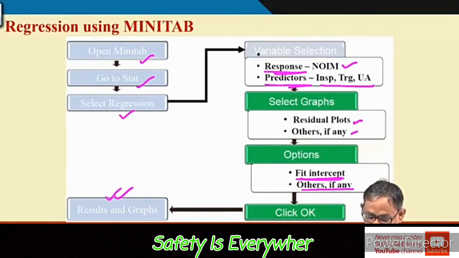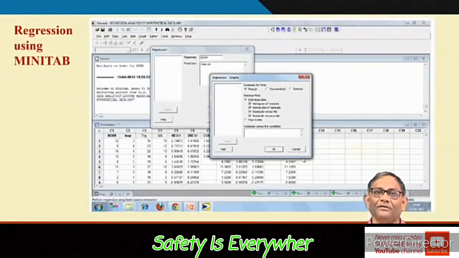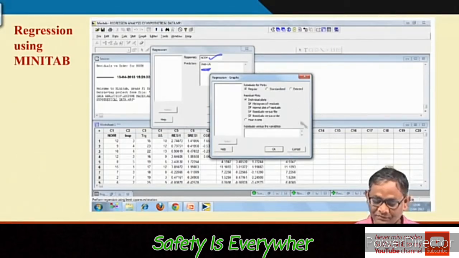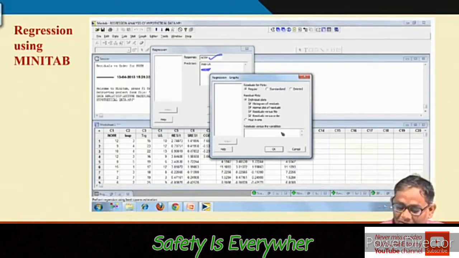Now, if you want the snapshot, you see that the Minitab snapshot is given here. Ultimately when you go to stat, then regression, you have to put the response values here, then the predictors you are putting here, then the plots you want, and there are other options also. You just click and you will get the results.